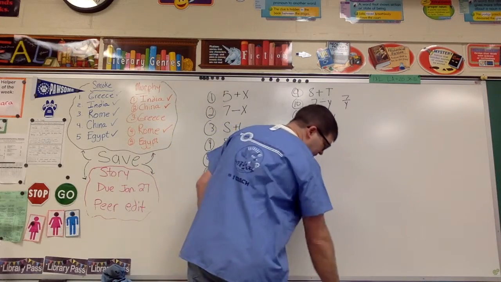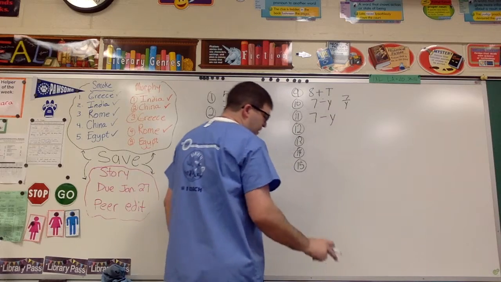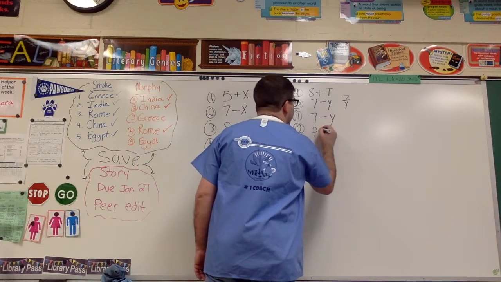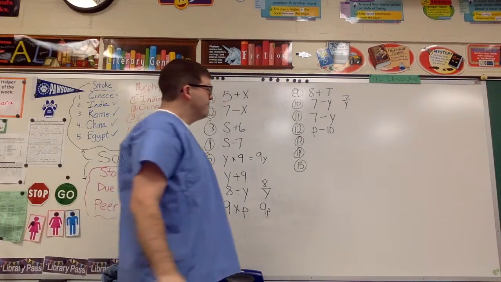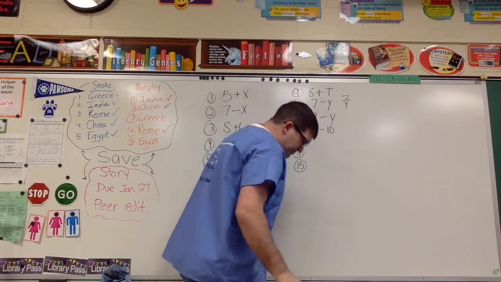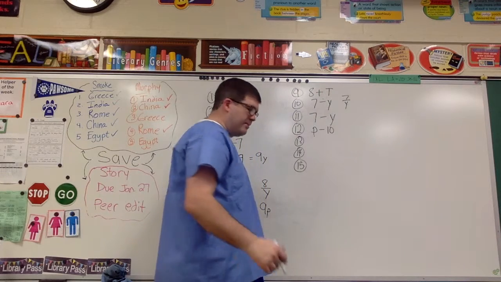Next one is similar, the difference between p and 10. Difference between p and 10, p minus 10. 13, the product, okay, multiplication.